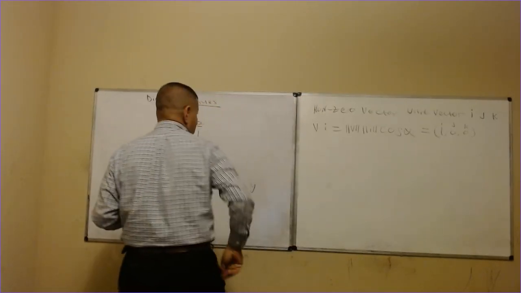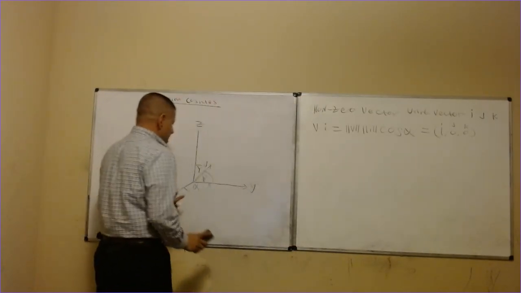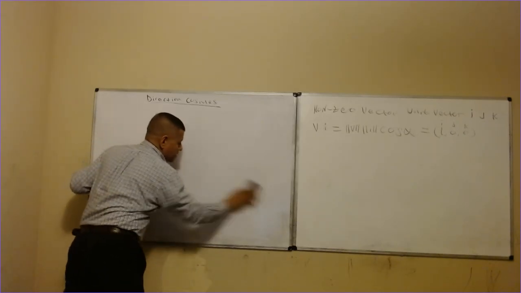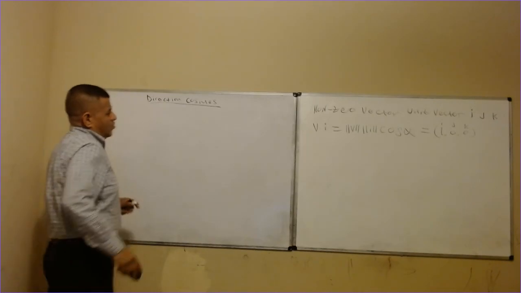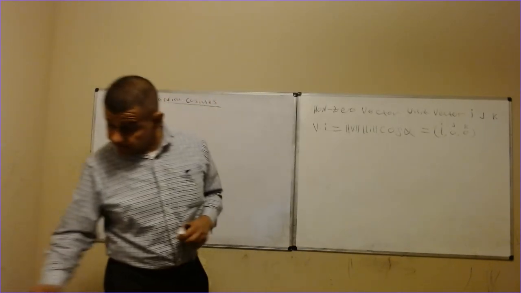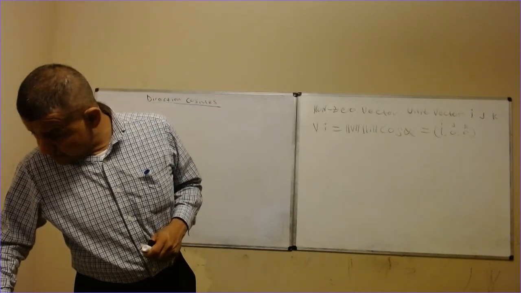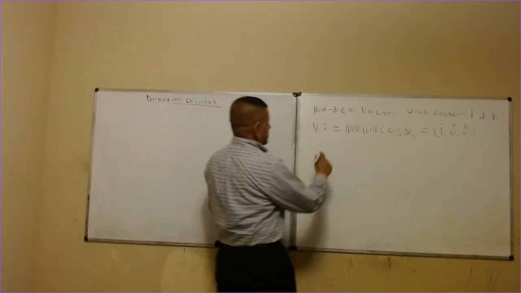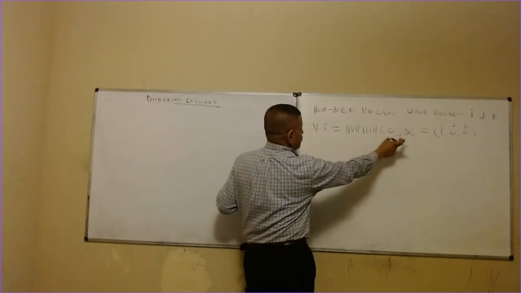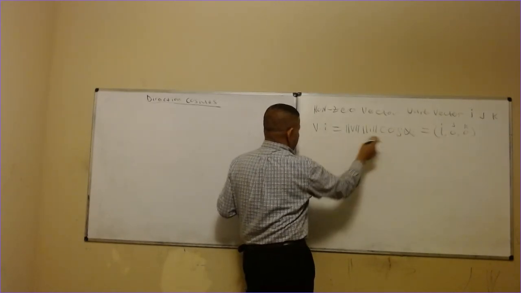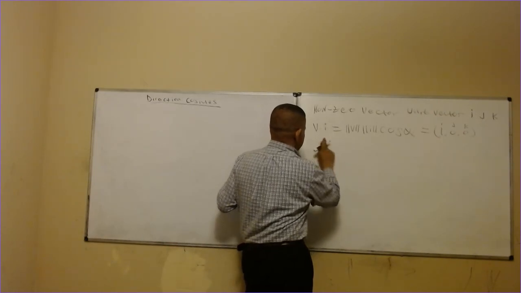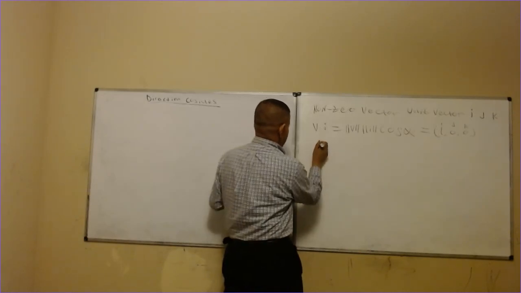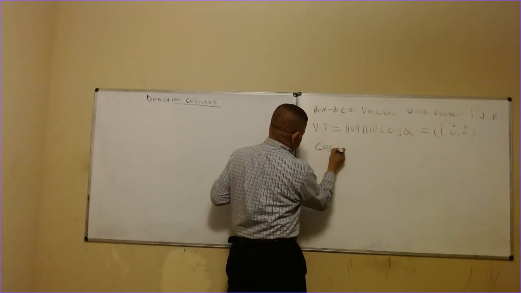Okay, so now that we have an idea of what we're doing here, we can actually write this in the form of, well, we have already cosine of alpha, right?